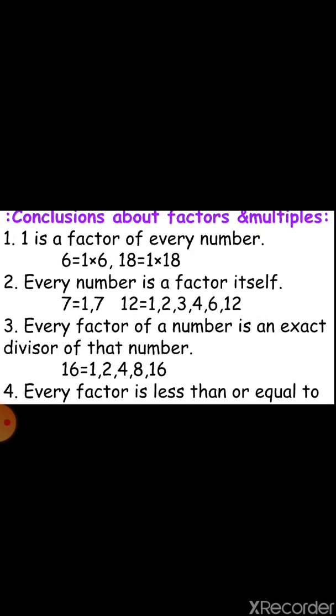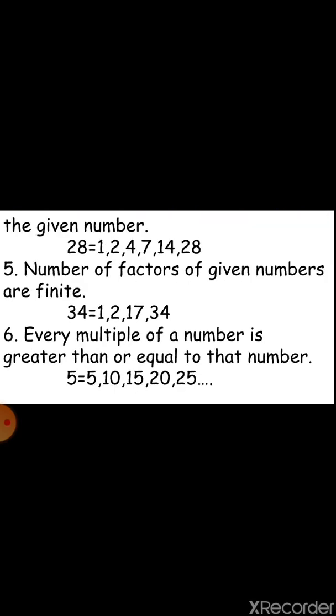Third is, every factor of a number is an exact divisor of that number. Here the factors of 16 are 1, 2, 4, 8 and 16. All these numbers are the divisors of 16. Fourth one is, every factor is less than or equal to the given number.